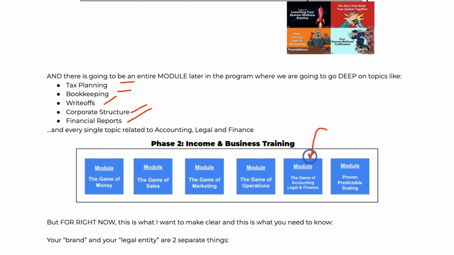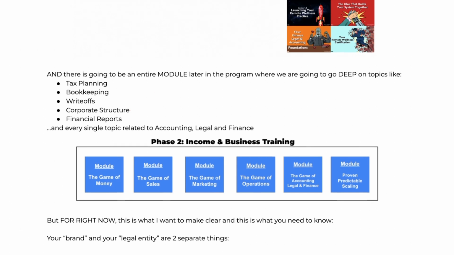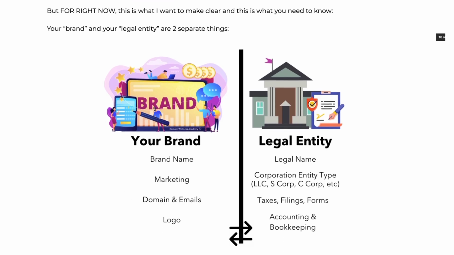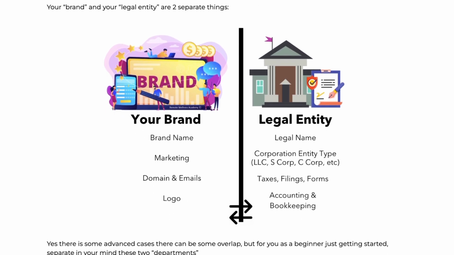There's literally an entire module. I'm talking about multiple trainings that are all about the game of accounting, legal, and finance, okay? But for right now, just so that you have just enough that is important for you to know, your brand and your legal entity, for the most part, are 2 separate things.